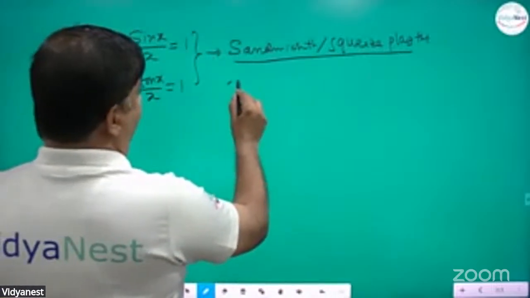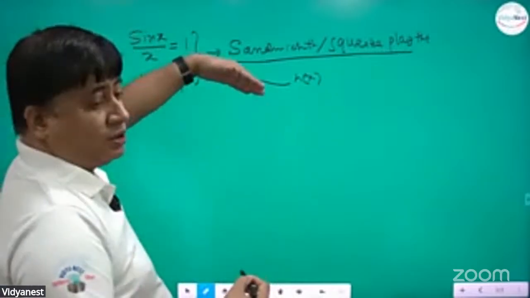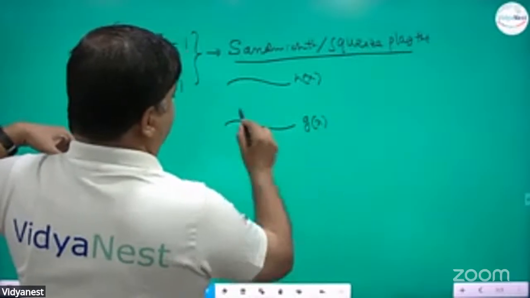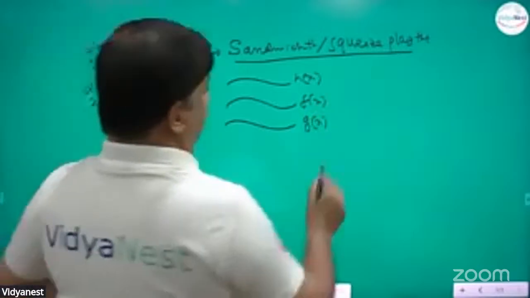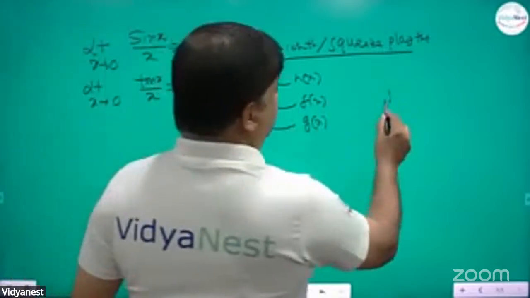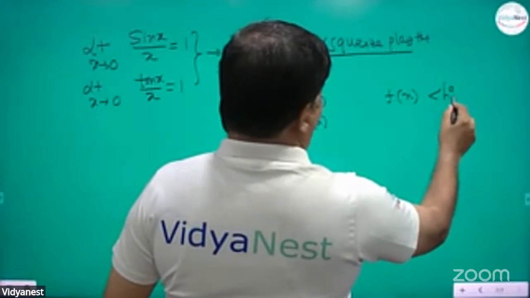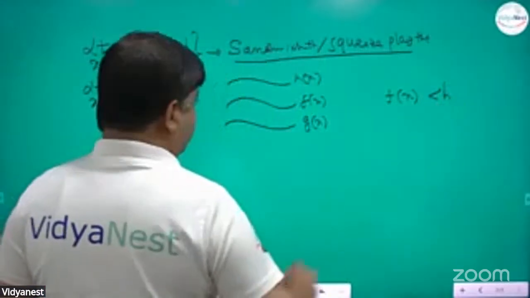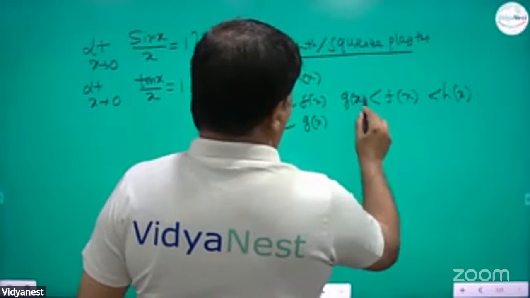If there is a function like h(x), the uppermost curve, and in the lowermost curve there is a function g(x), and in the middle f(x), then this figure depicts that f(x) is squeezed between h(x) and g(x).